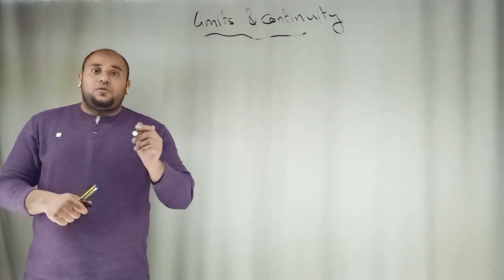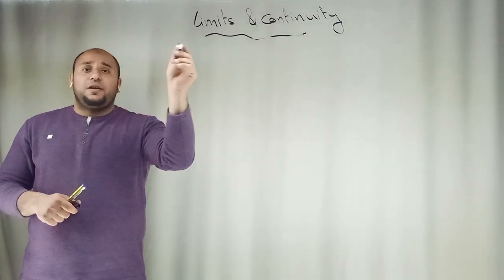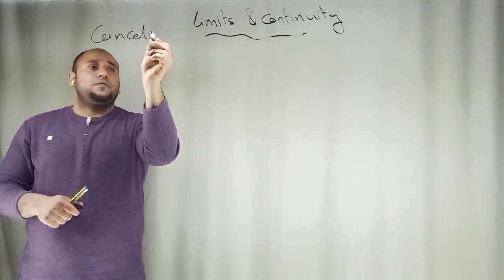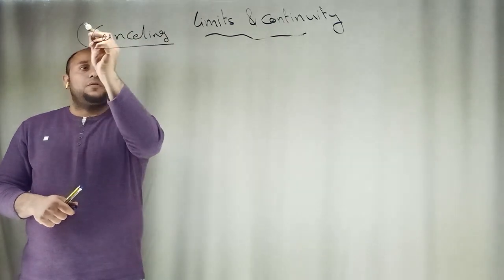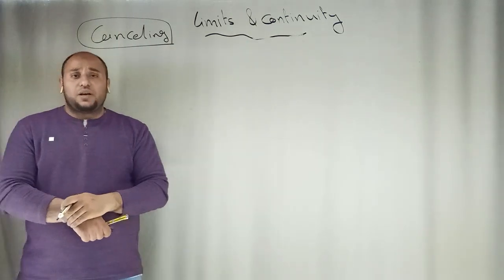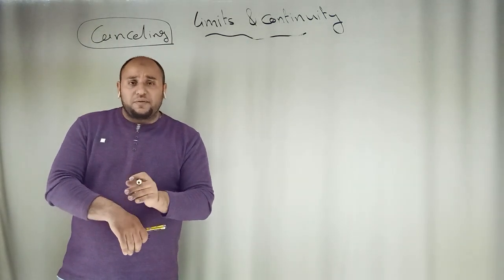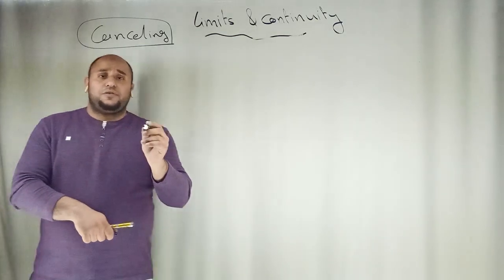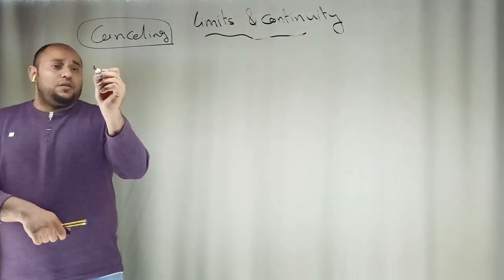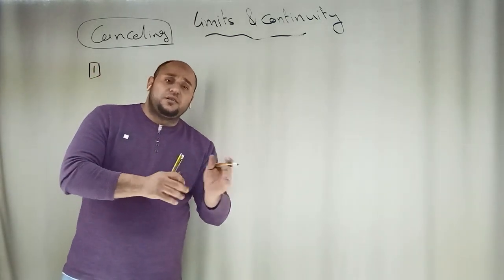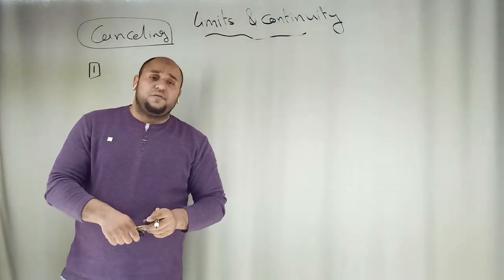The last method of finding the limit is cancelling. With cancelling, we can use some fraction or factorization to find the limit. Sometimes substitution gives me the number directly, so it will be very easy.